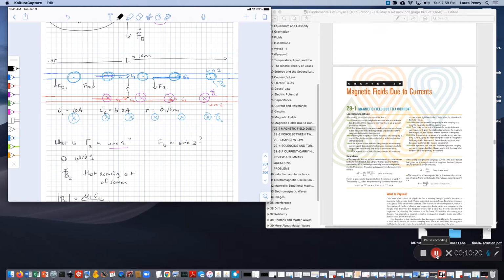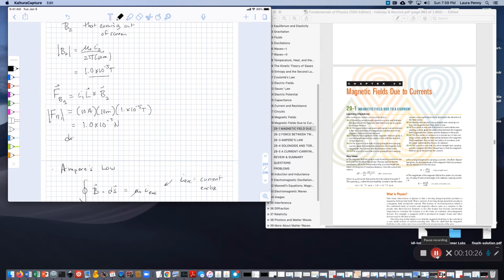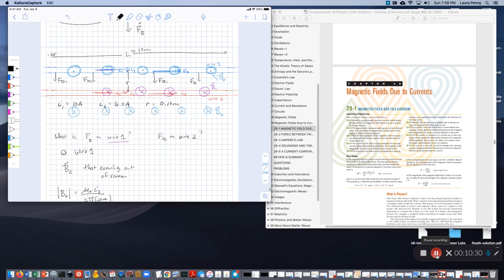It's attracted to the wire below it. And again, I'm getting that from putting my right hand fingers in the direction of the current of I1, and then curling them in the direction of B2.